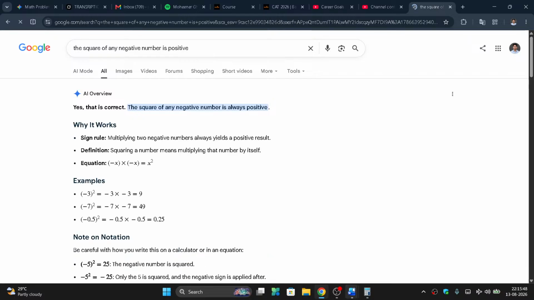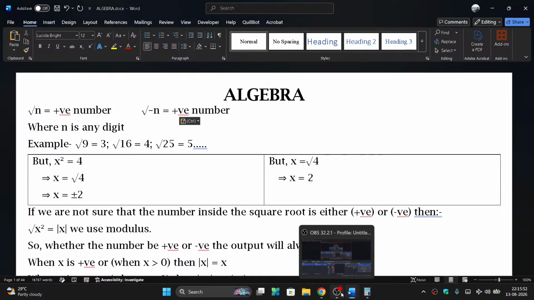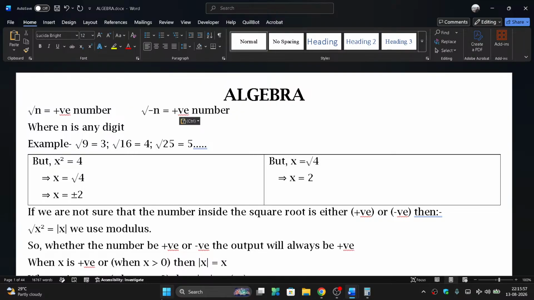Yeah, square of a negative number is also positive, because minus 1 into minus 1, minus 2 into minus 2 is positive. Square cannot be negative. Okay, so there is a mistake. Square cannot be negative.